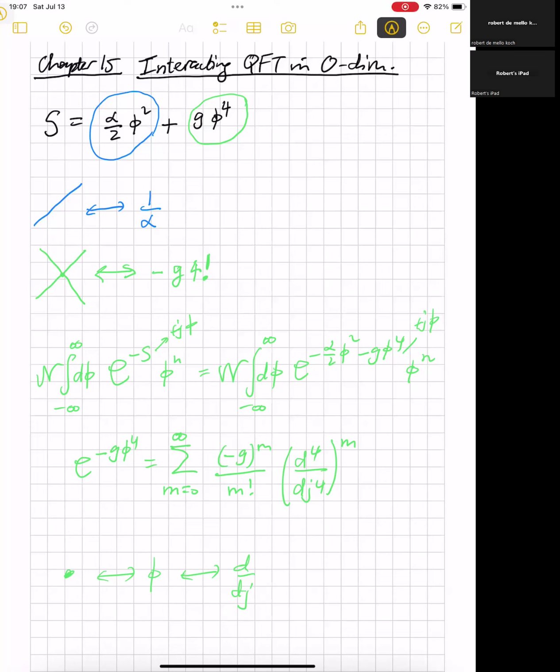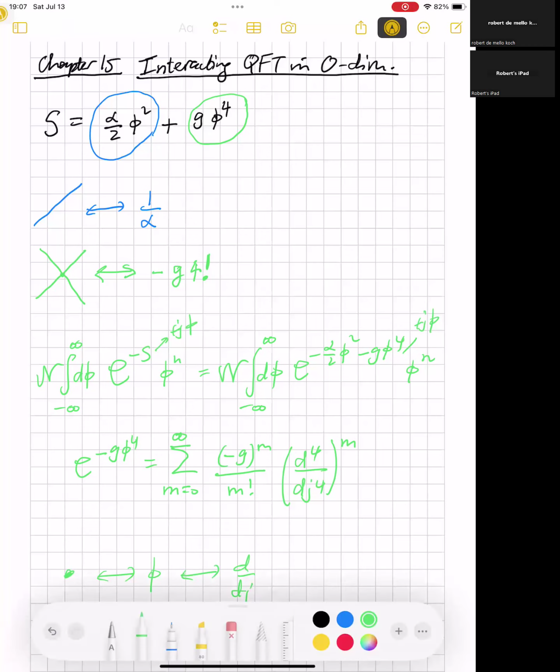Okay, so if we had, and now this is part of the hint, okay, if we had plus lambda phi cubed, let's say, okay, then what would the Feynman rule be for the lambda phi cubed term?